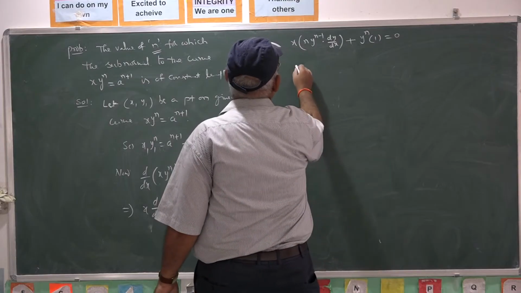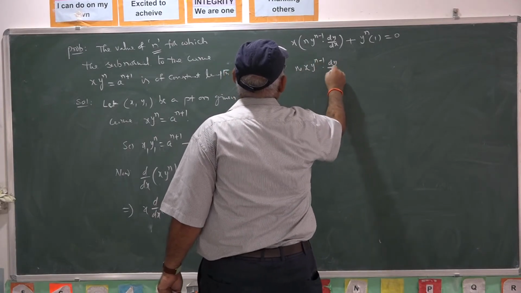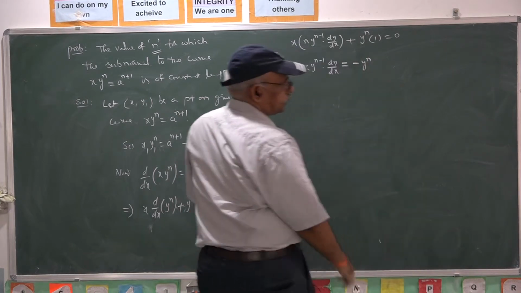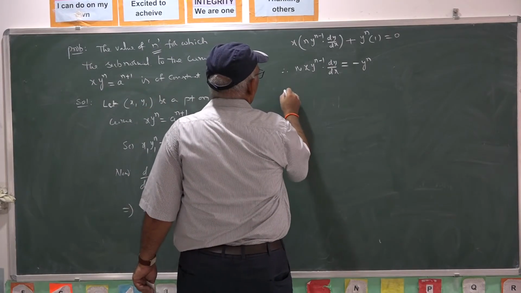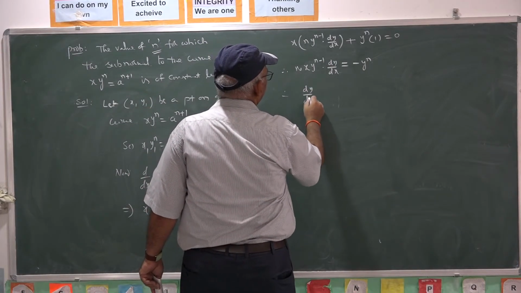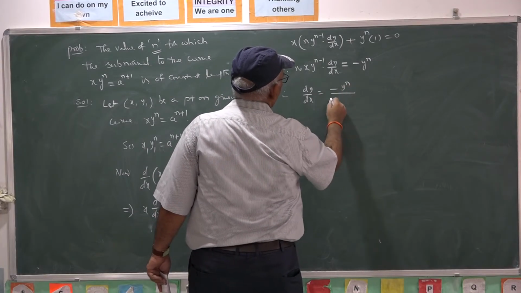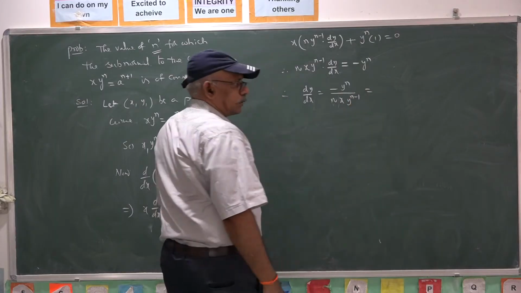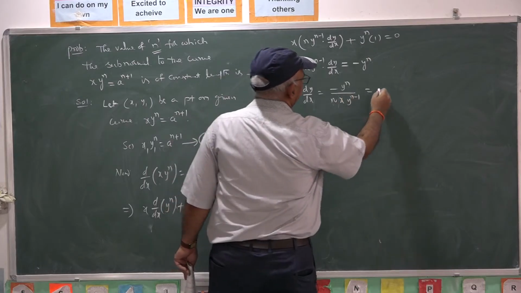Now, n x y power n minus 1 into dy by dx equal to minus y power n. So the dy by dx value equals minus y power n by n x y power n minus 1. This y power n minus 1 may be written as y power n by y.